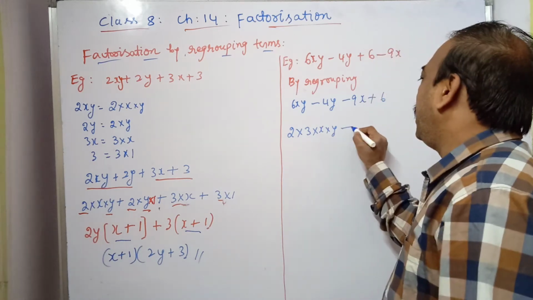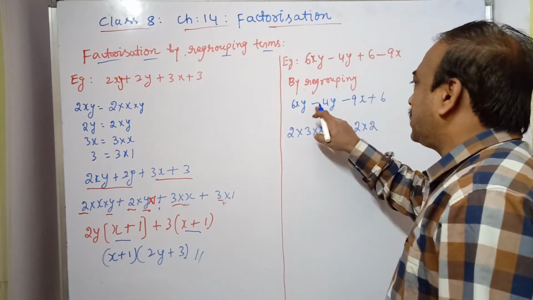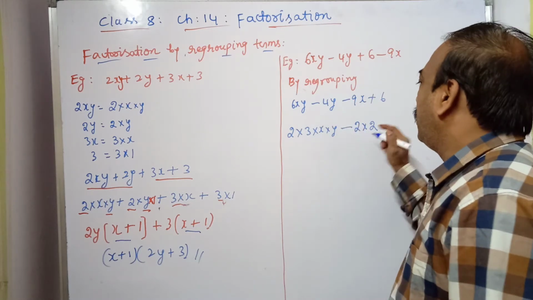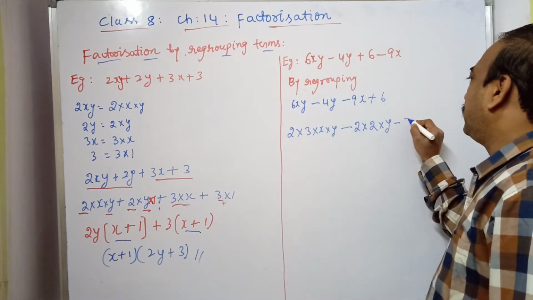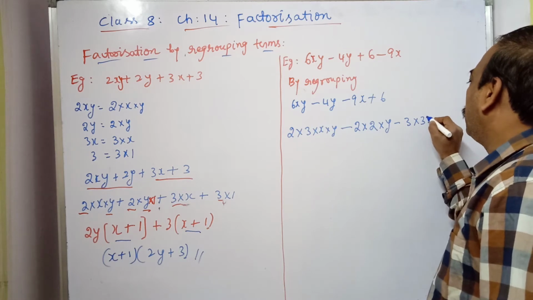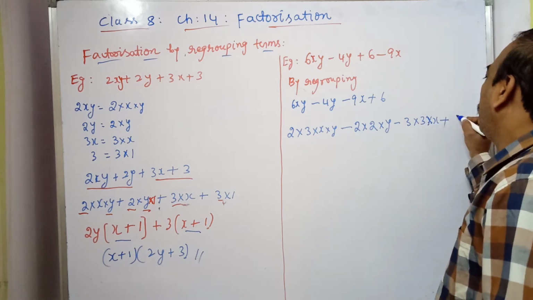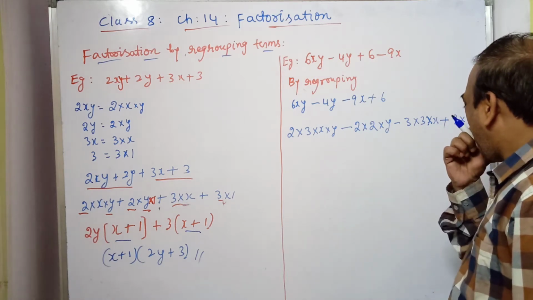Then minus 4 can be written as minus 2 into 2, 2 2s are 4, into y. Then minus 9x, observe it, is minus 3 into 3 into x, and plus 6 is plus 3 into 2.